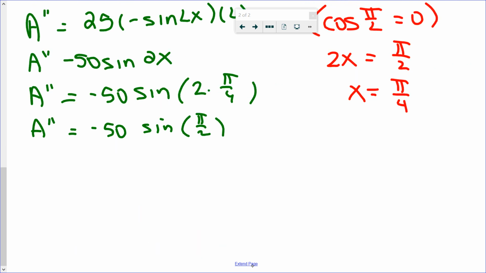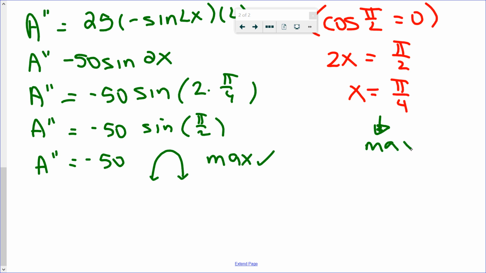Now I know that sine of pi over 2 is 1, so 1 times negative 50 is negative 50. So my second derivative is negative, which means that my function is concave down, and I know if I'm concave down, I do in fact have a max. So I have proven that pi over 4 will yield a maximum.